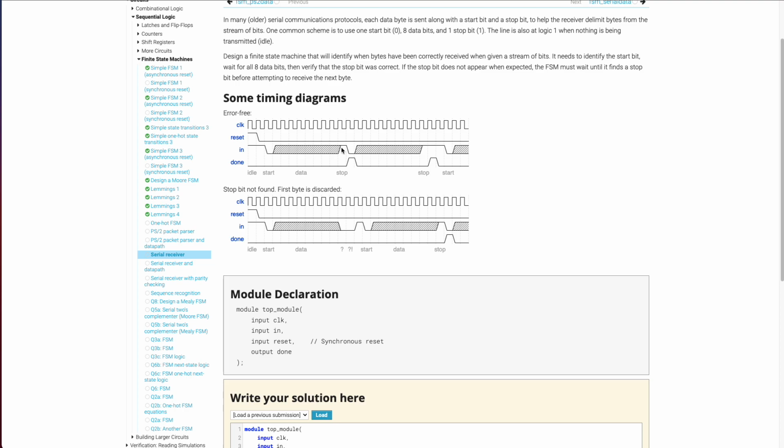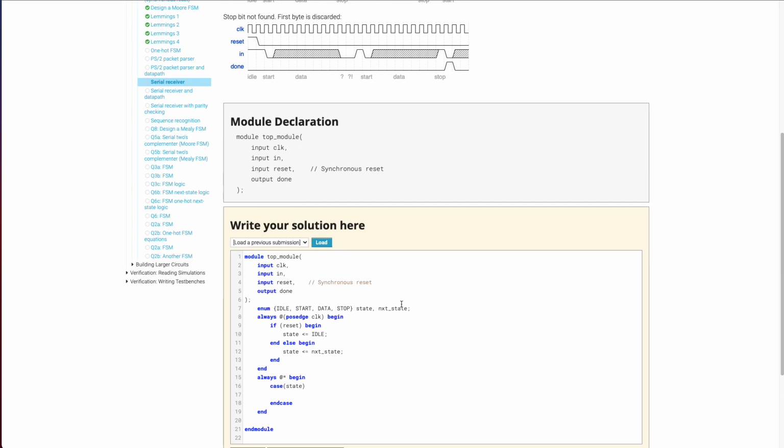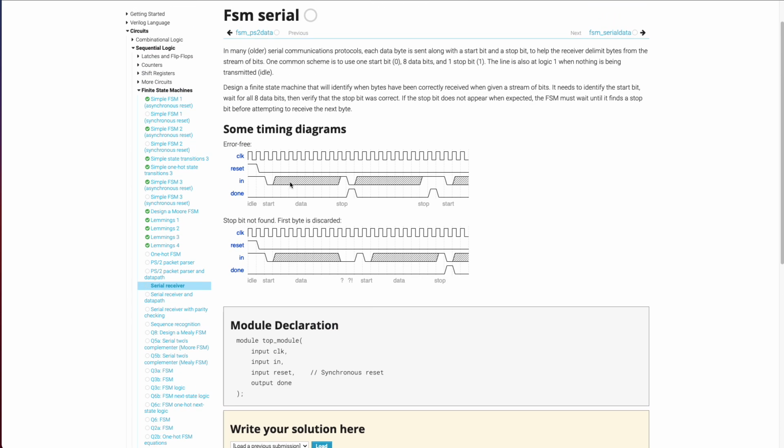So if I'm data and I'm ninth cycle and next cycle is idle, and then idle can receive this. If I see this, then next cycle I go to start. Otherwise stay at idle, like here.